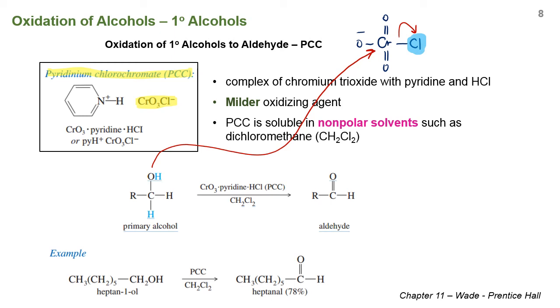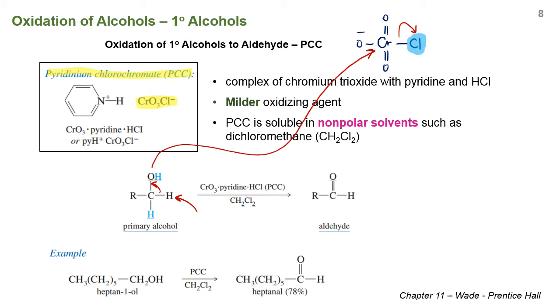You can remove the proton here, feeding electrons to here, and kicks out the chromium 4 species. And then here, because the pyridinium chlorochromate is soluble in nonpolar solvents, you don't need to use water in this case.